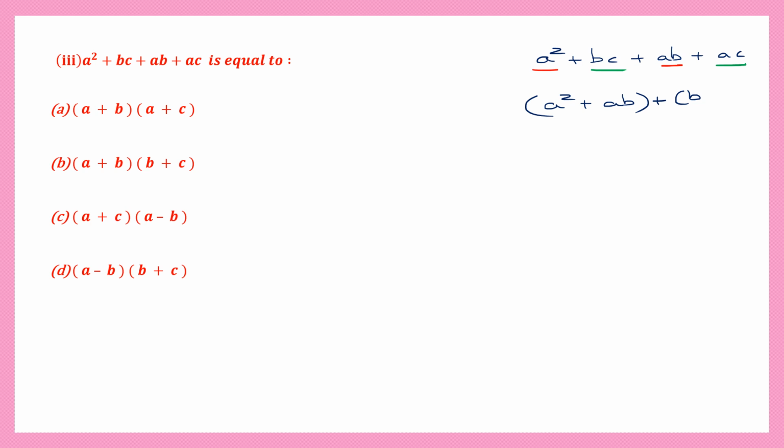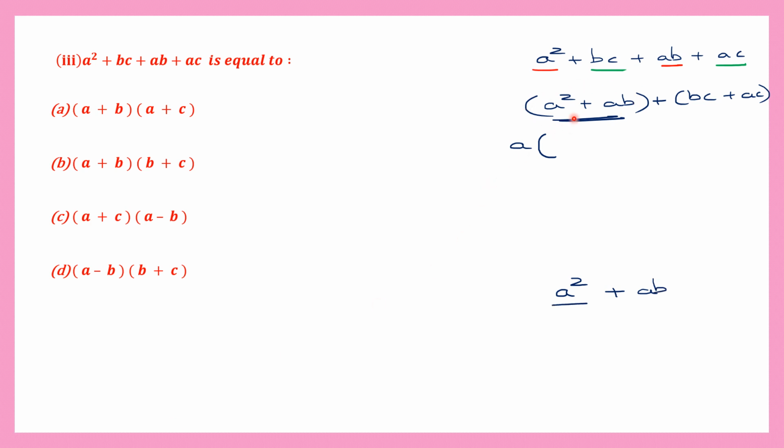bc plus ac. Now from this first expression, I'm going to pick out the common one. Now here I have a square, that means there are two a's, and here there's one a. So I can take out one a that's common. So what is left? Now again, we can use the division part. So I'm taking this a square plus ab, and I'm going to divide it by this a.